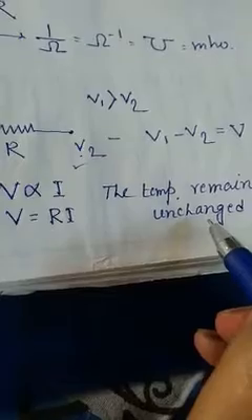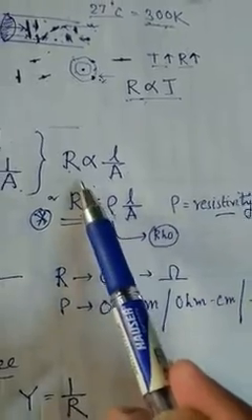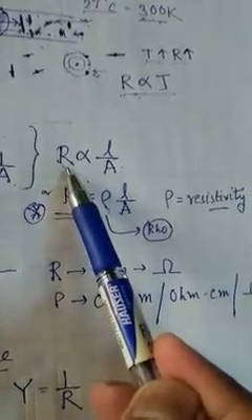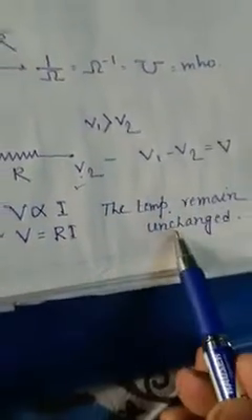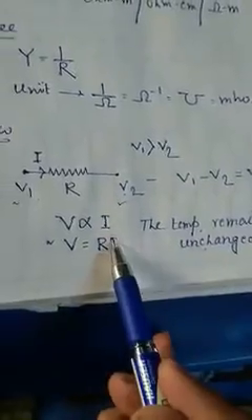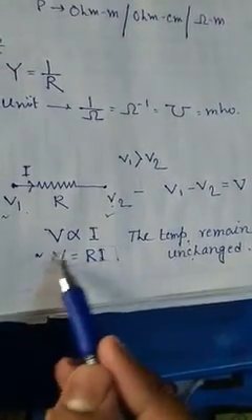For this reason we do not use the term of temperature here, because when you are calculating the resistance, there was no change in temperature. So this is the only condition of Ohm's law: the temperature will not change, and when the temperature remains unchanged, only then is this law valid.